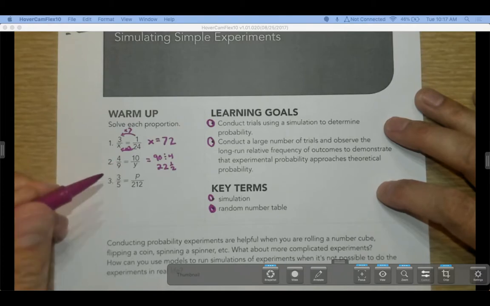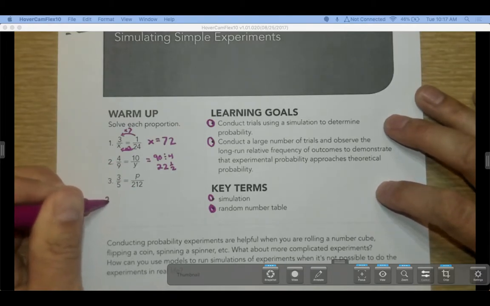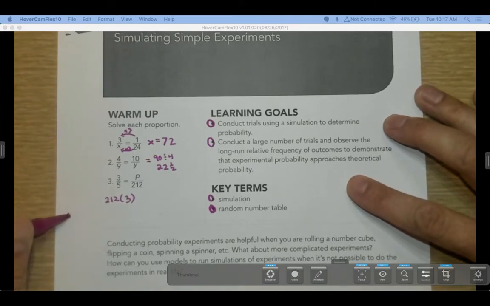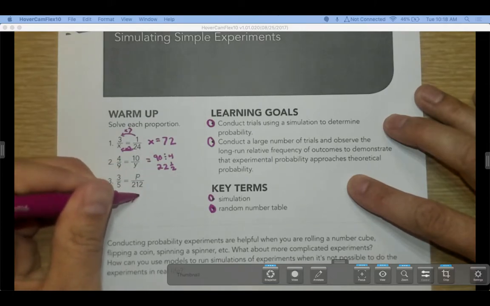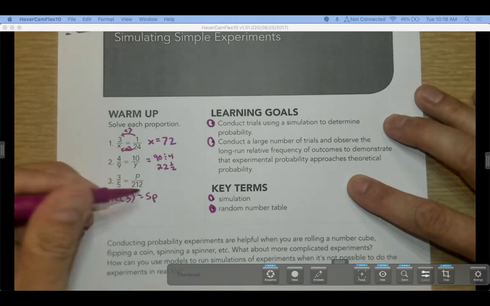Then 3 times 212, and then I divide that by 5.